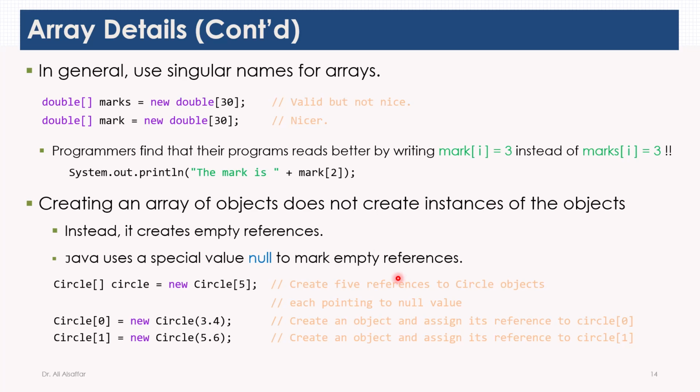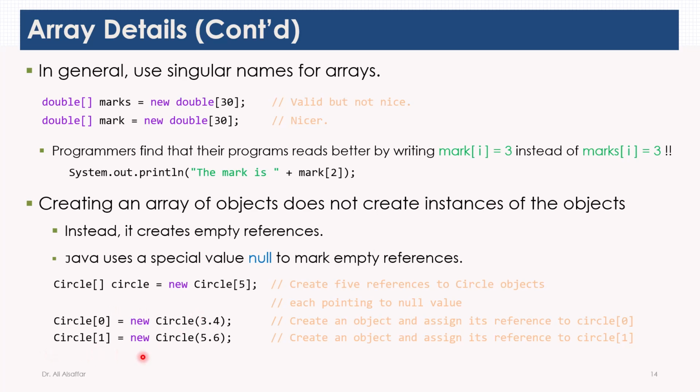And if you want to create an object and make this element point to it, you write circle0 = new Circle(3.4). In this case, the system will create an object of Circle. The radius is 3.4 and its address is assigned to the first element of the array.